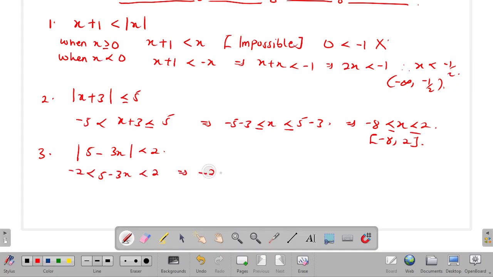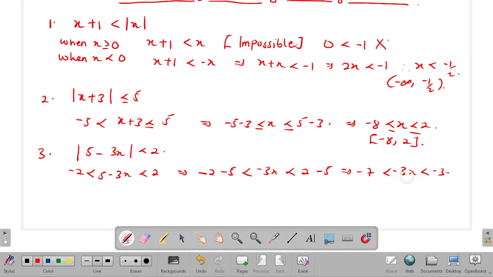I'm going to have negative 2 minus 5 less than negative 3x less than 2 minus 5. Then you also have minus 5 going here. Good. So this gives negative 7 less than negative 3x, then less than negative 3, right?